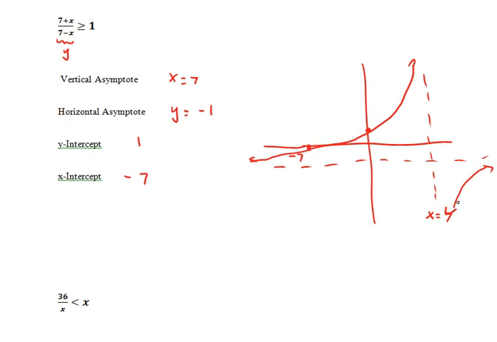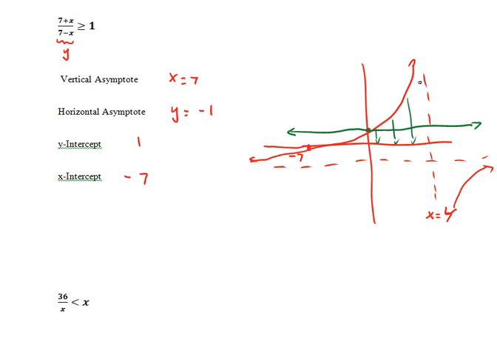And we are comparing the values of y from the hyperbola with the line y equals 1, and asked to find where the hyperbola is on or above the line y equals 1. And that occurs starting at x equals 0 and going all the way up to x equals 7.